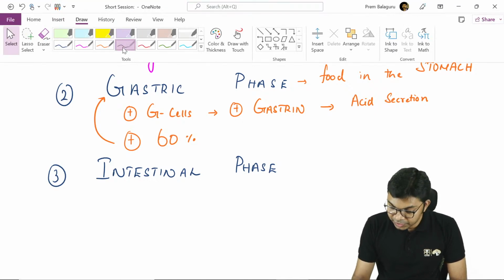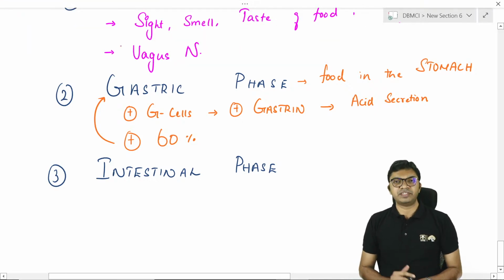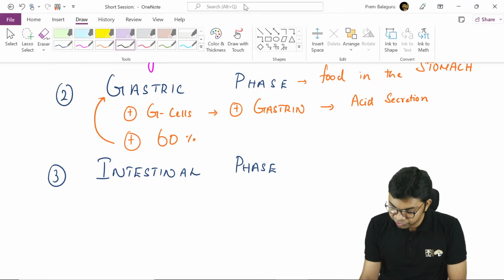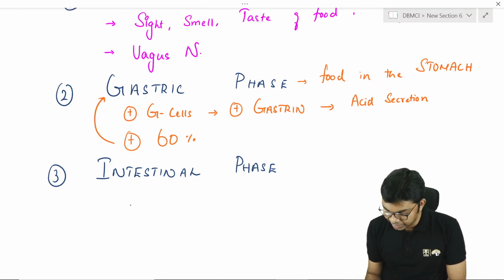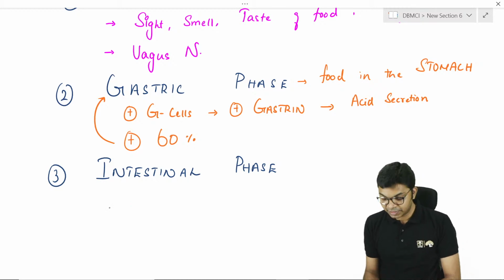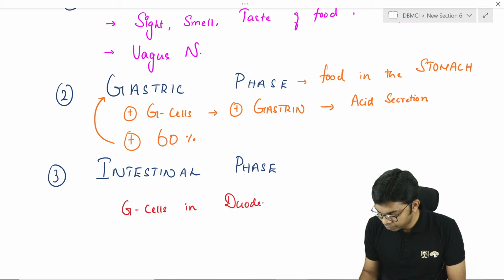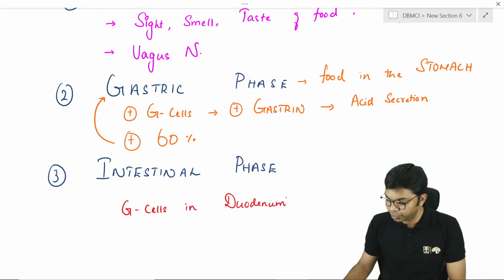Coming to the intestinal phase. The intestinal phase is very minimal. It is because of the presence of acidic contents in the intestines. There are going to be some G cells in the duodenum.